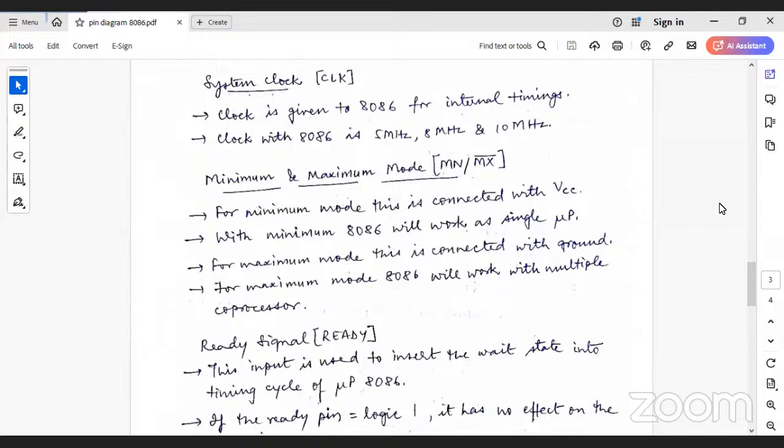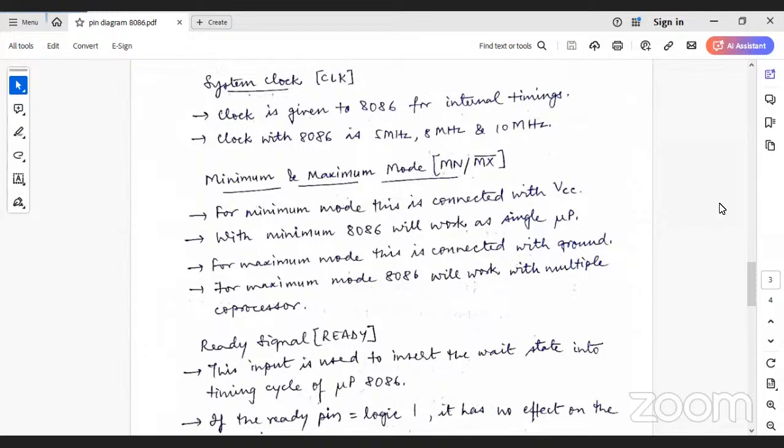This point is a little important when you are writing about the pin diagram. Whether you miss one or two others doesn't matter, but minimum and maximum mode is an important feature of 8086. So you have to stress on this point there. In your material also, they have given different tables for minimum mode signals and maximum mode signals, and what all those signals are doing, that also they have discussed.